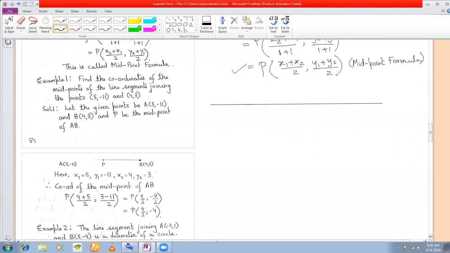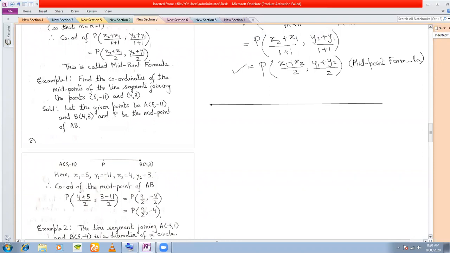Okay, so this is your point A. Let us take this point A as 5, -11. And the other point here is B. Let us take this point as 4, 3. Okay. You have to find out the coordinates of the midpoint of this segment. Let P be the midpoint here.